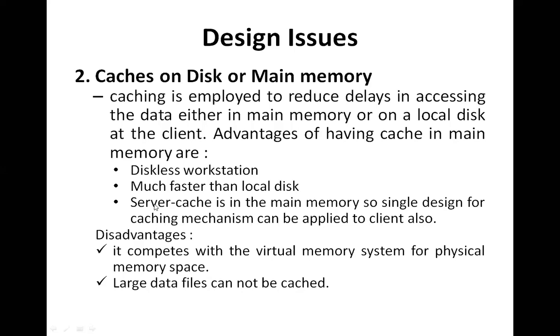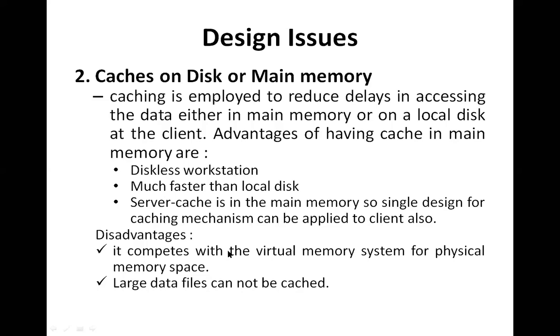Otherwise, if the server is using cache in the main memory and the client is using cache on the disk, then we have to apply a different mechanism for accessing the cache. But since the server is using cache in the main memory, a single design is going to be implemented. So these are the three advantages of having cache in the main memory.